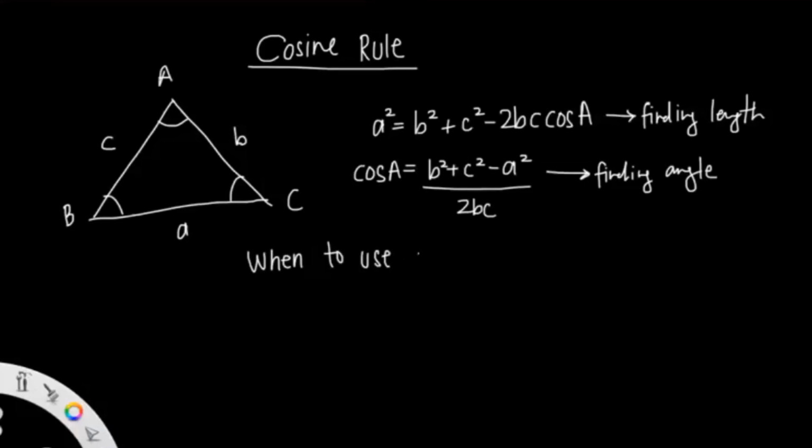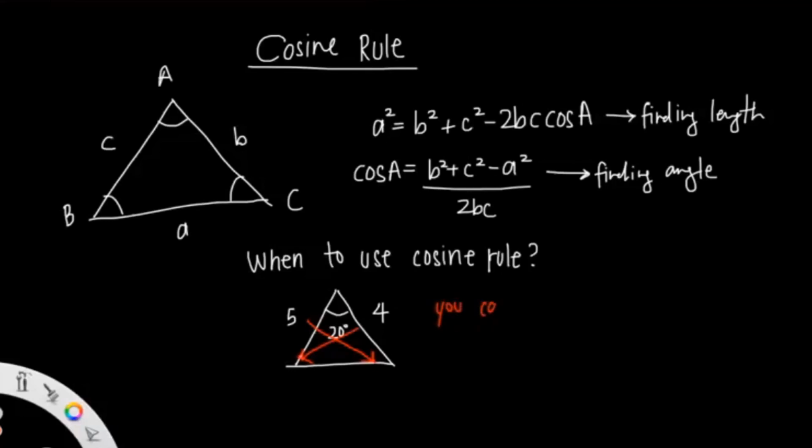So the confusion would be: when do you use the cosine rule and when do you use the sine rule? Well, you would use the cosine rule when you can't use the sine rule. So in this triangle, you have the lengths 5 and 4, but the angles are not given, so you cannot use the sine rule for this.